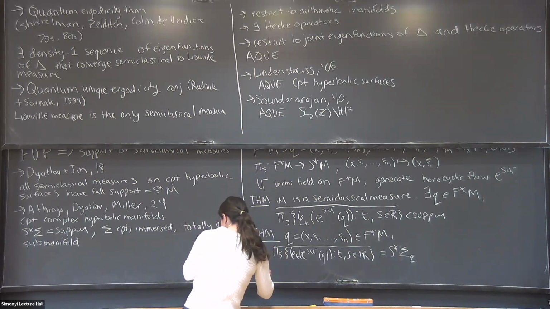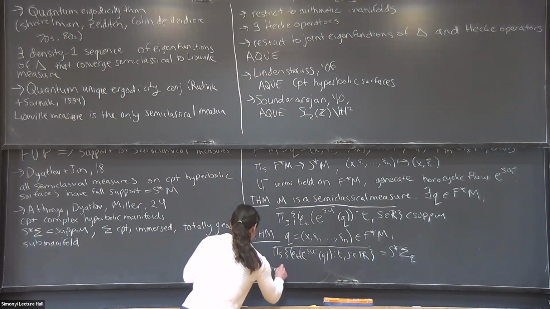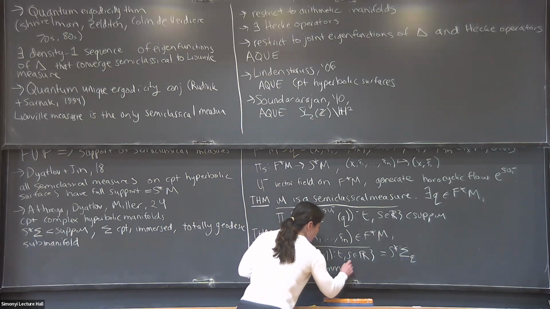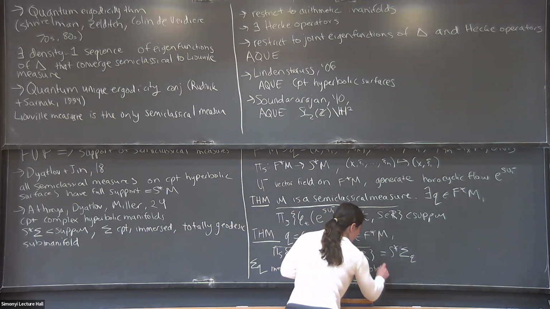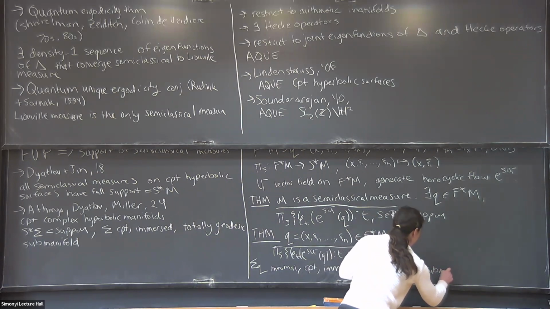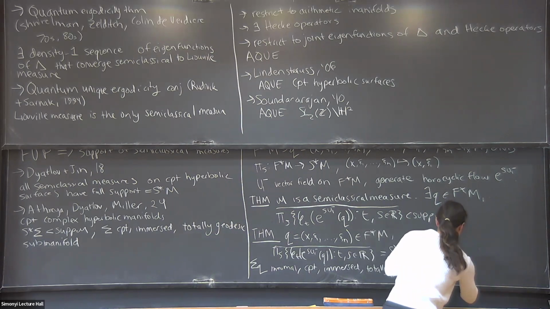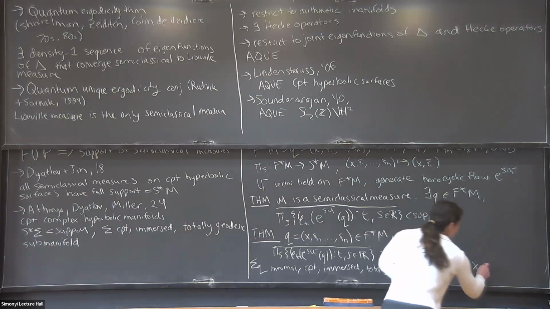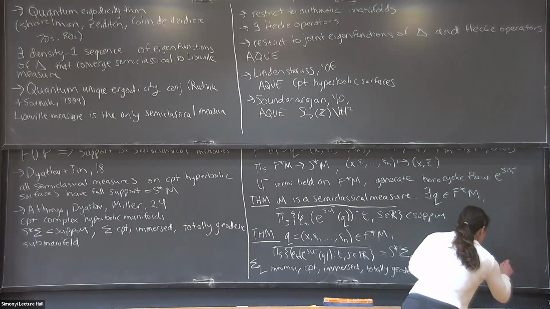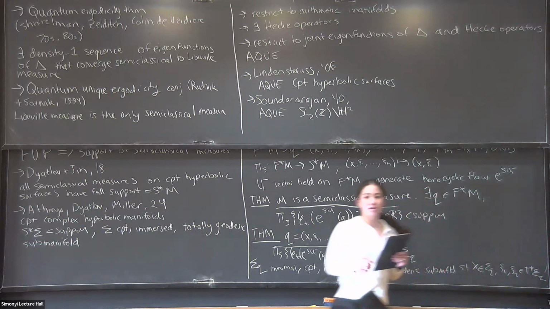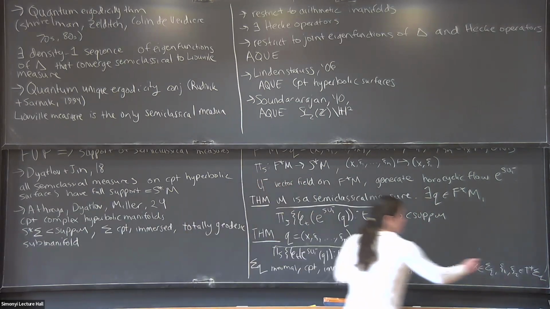Okay, so sigma Q is the minimal compact immersed totally geodesic submanifold such that X, coming from here, is on the manifold, and C1, C2 are part of the cotangent space of the manifold at X.